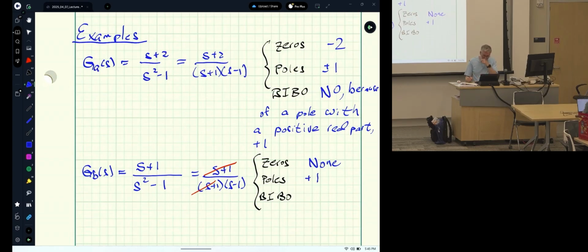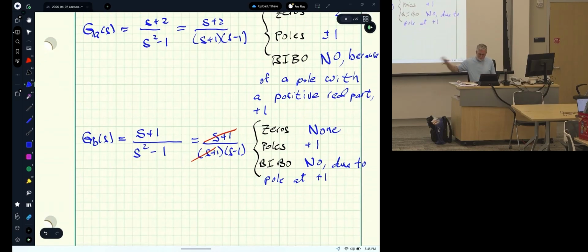Plus 1. Darn it, we should have canceled the other one, so it became BIBO, okay? Darn it! We messed up. And it's once again no. Pole at plus 1. Right half plane, okay? That blows up at e to the t.